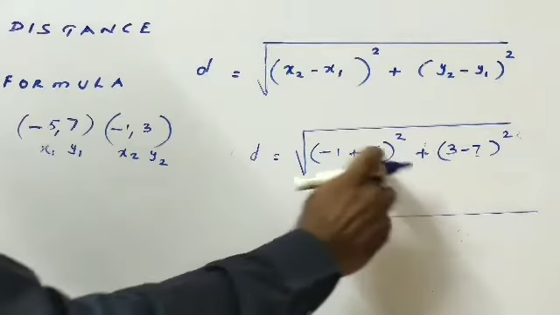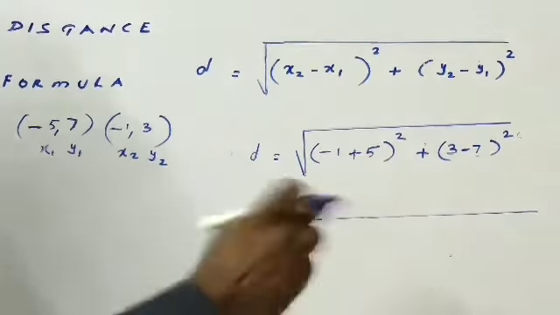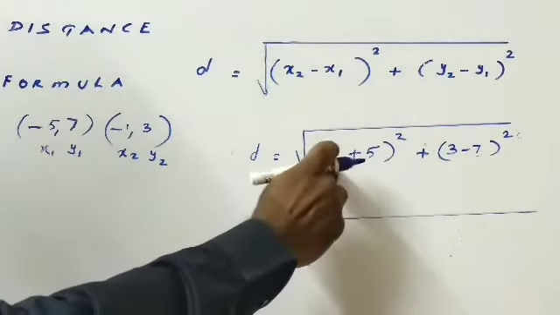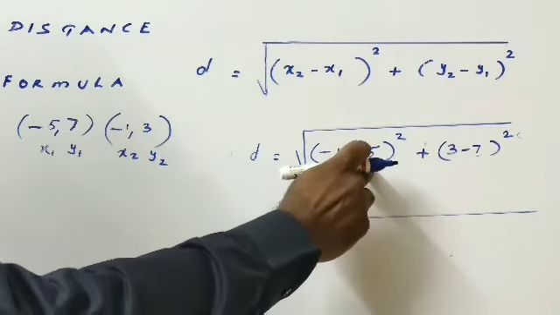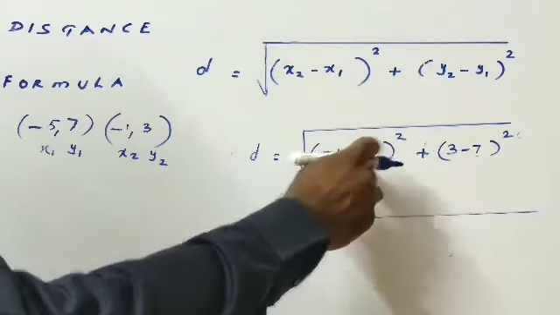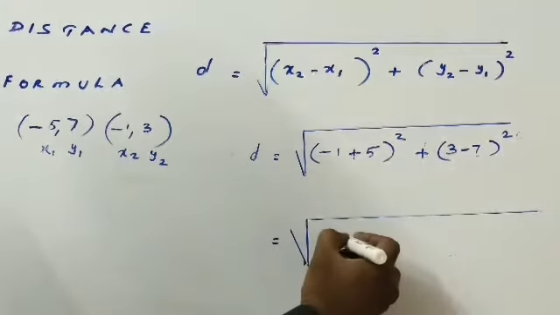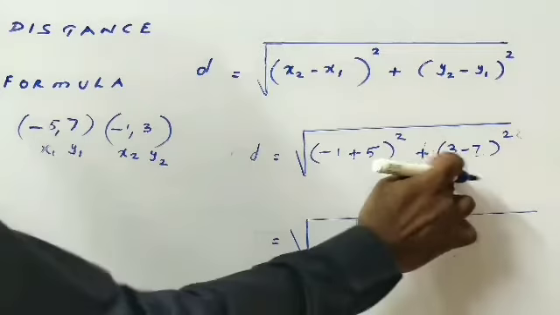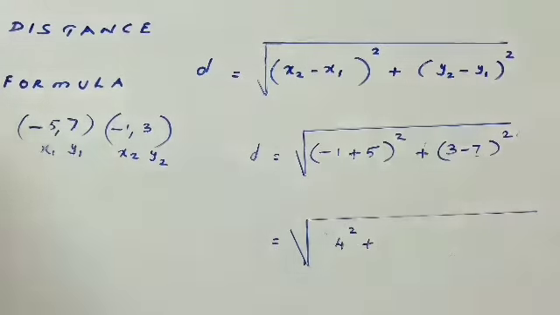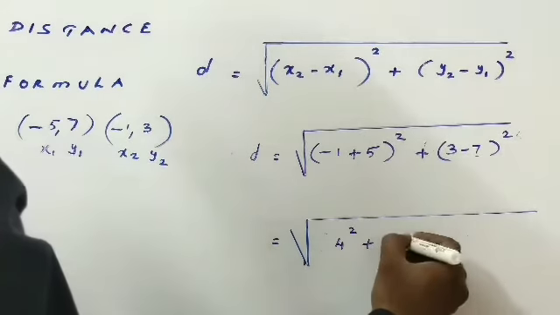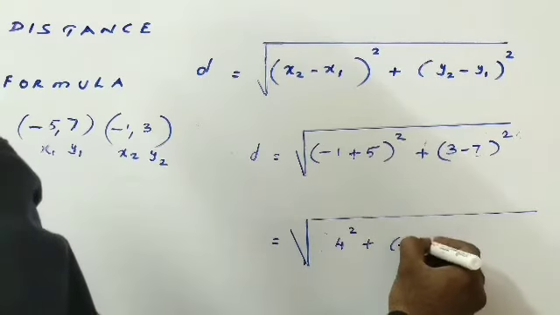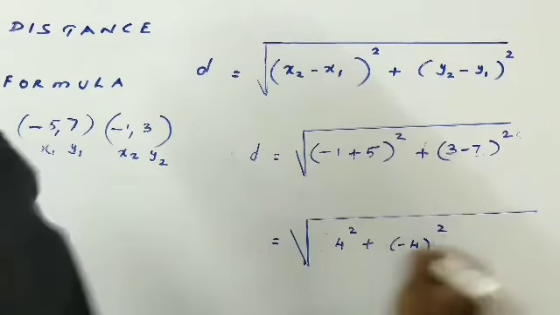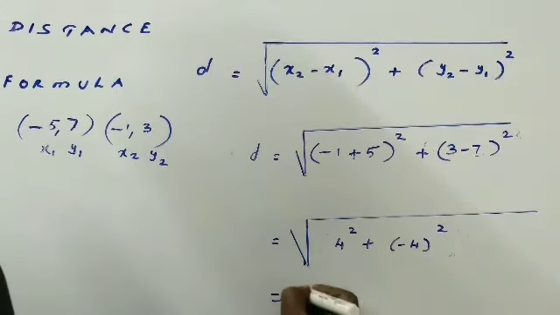Here the signs vary, so you have to subtract. 5 minus 1 is 4. 5 is a bigger number with a plus symbol, so put plus 4, that is 4 square. Here 3 minus 7, 7 is the bigger number with a minus symbol, so put minus 4. Minus 4 whole square.